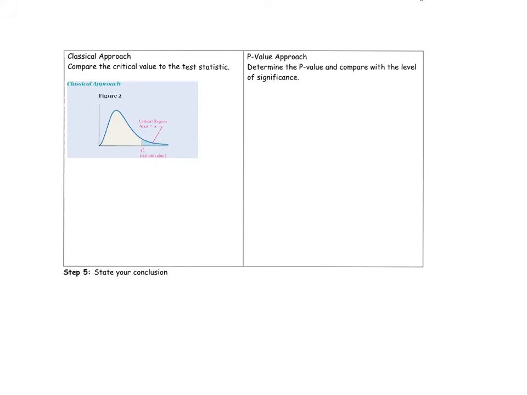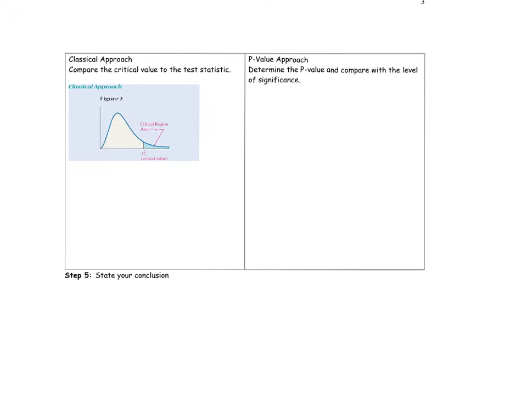We again are going to compare the critical value, chi-squared sub alpha, to our test statistic. We can find our critical value using our chi-squared table. It's organized just like our t-distribution. So you would go chi-squared of 0.05 with 4 degrees of freedom is equal to 9.488. So this value right here is 9.488.